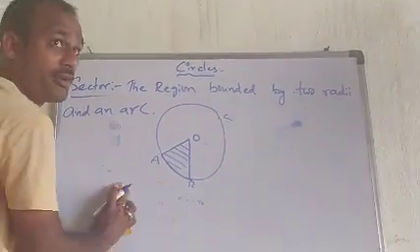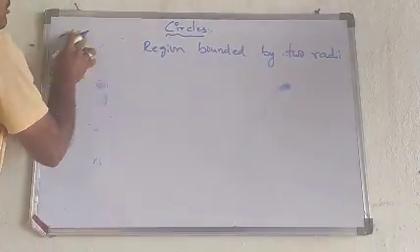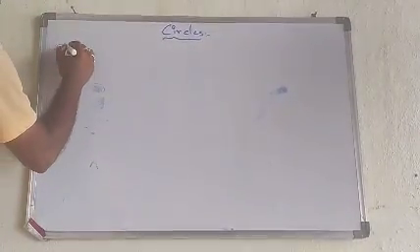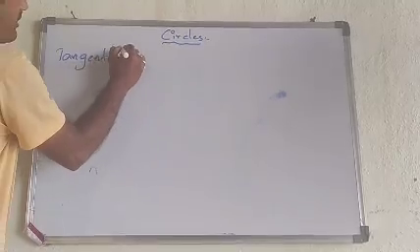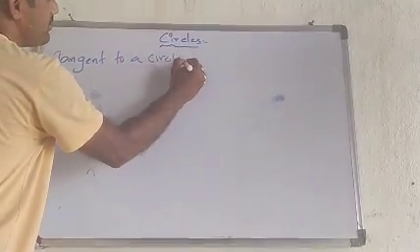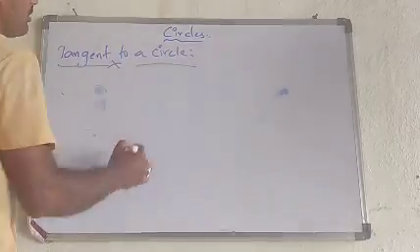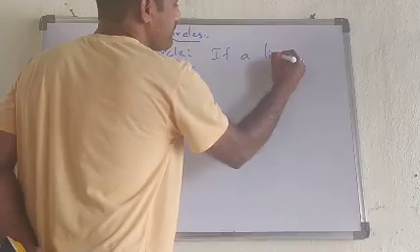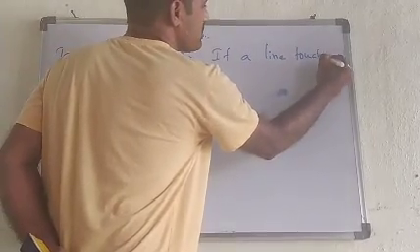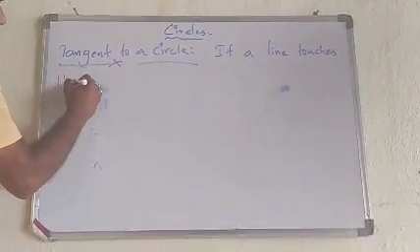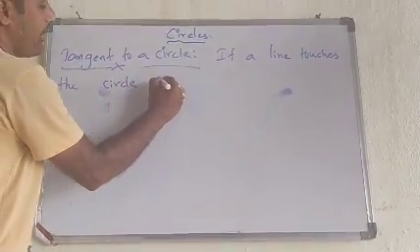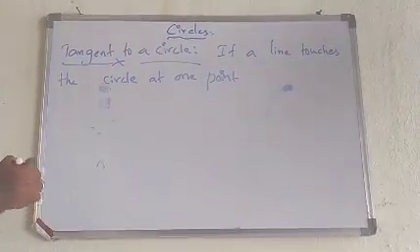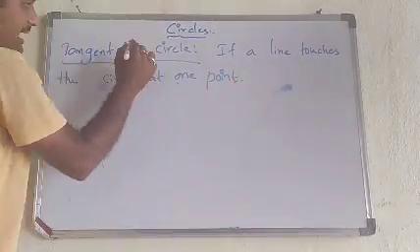Next, let us define a tangent to a circle. If a line touches the circle at one point, we are going to call it a tangent to a circle.